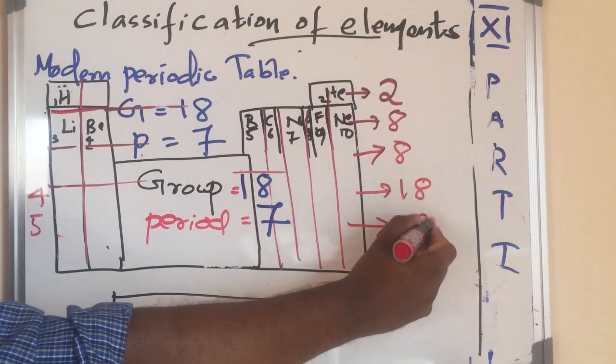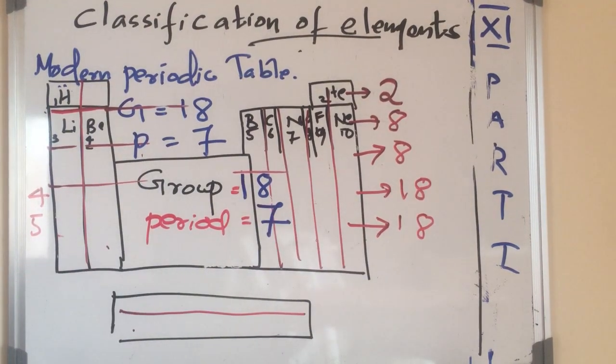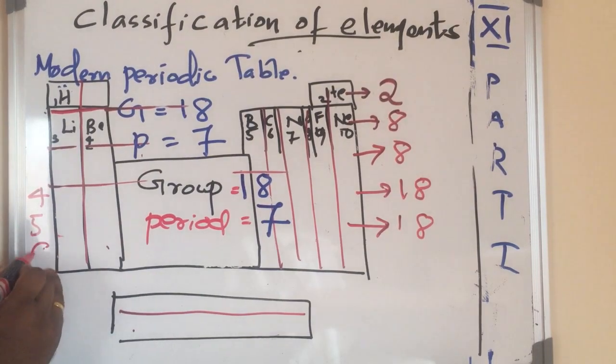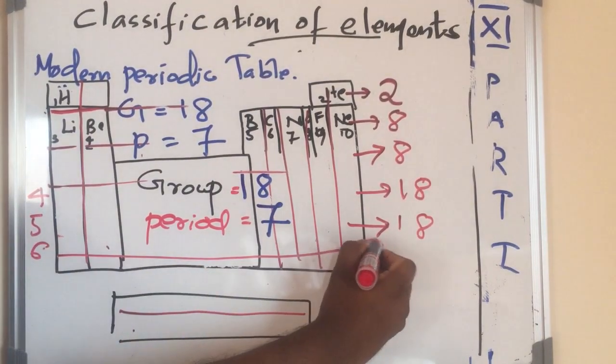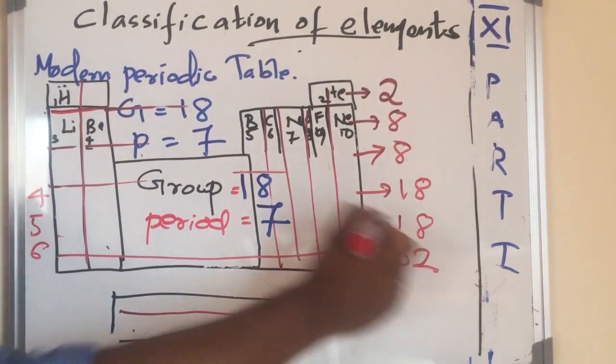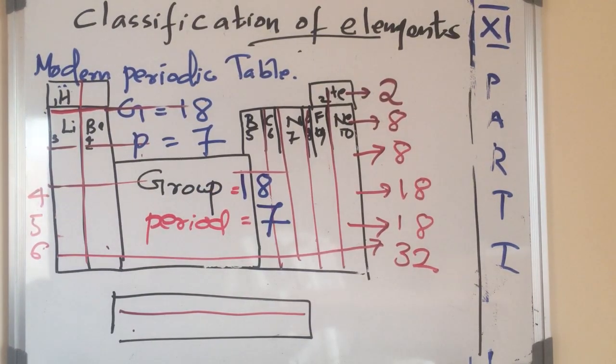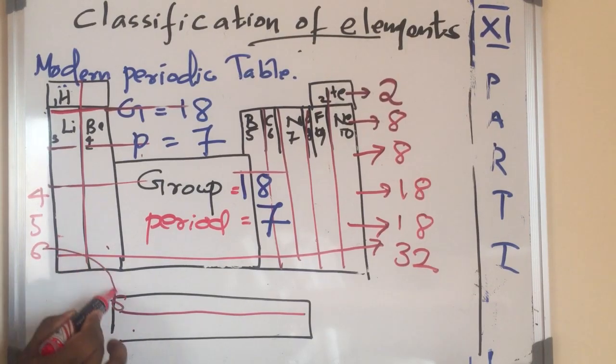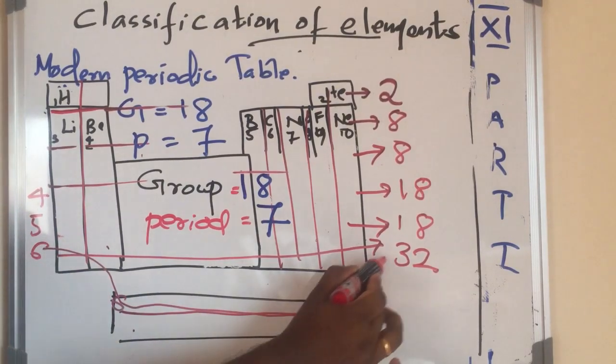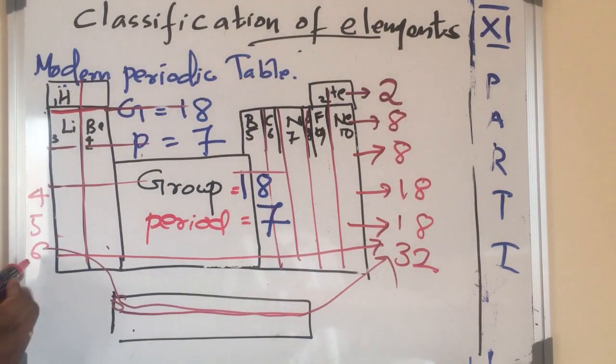Fifth period again 18. Now the sixth period contains 32 elements. Clear? And the last period, the seventh period, few elements are here, remaining elements down.